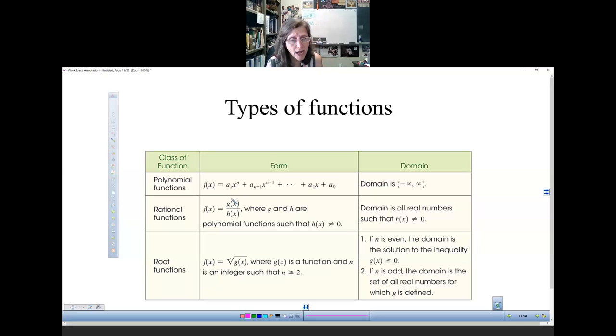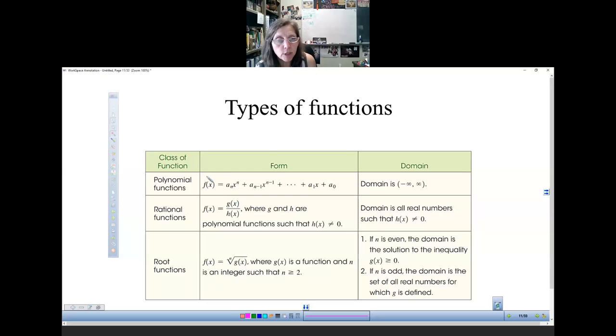We talk about some rational functions, and we talk about some root or radical functions. You really need to be able to identify these just by looking at the definition and saying, oh, that's a such and such. Depending upon what type of function it is, the domain is going to be different, and that's really going to be the big stuff we look at.